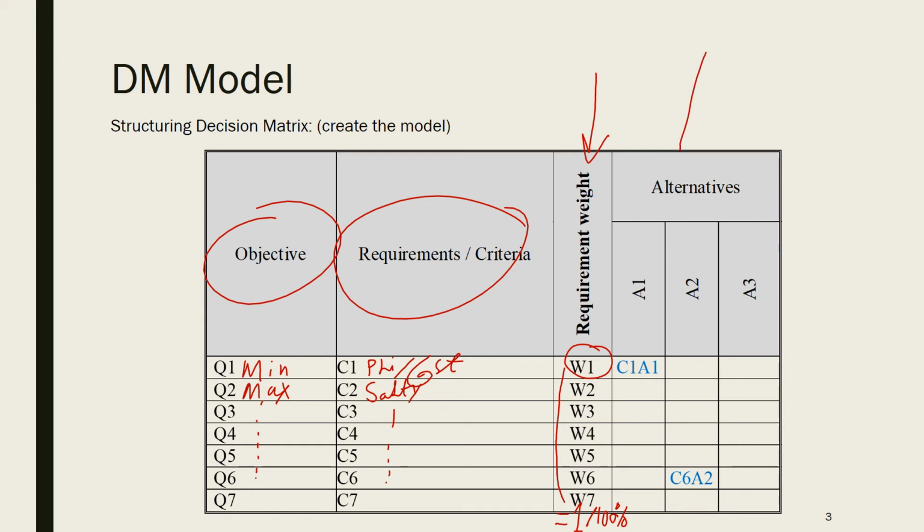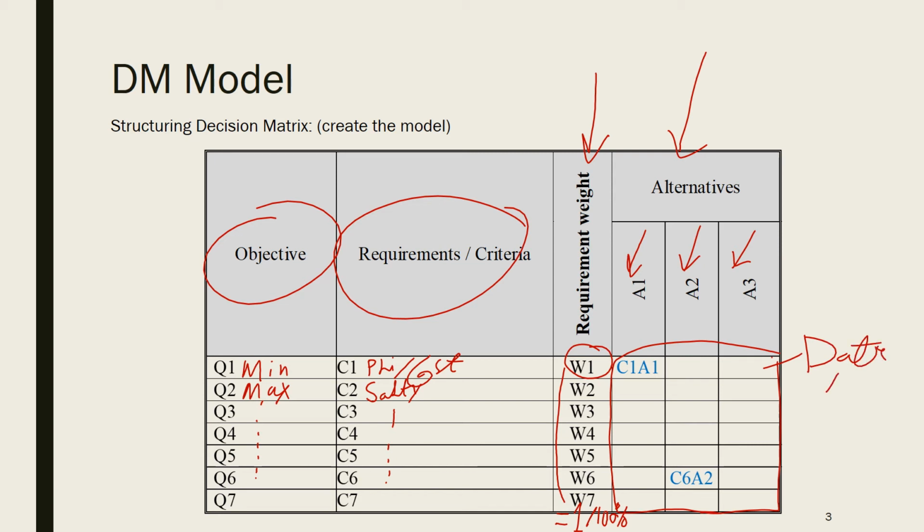Next, we will list all the alternatives or all the options that we have in the following columns, where each column will represent one of the alternatives that we identified in the previous stage. So with that, we are just left with this part of the matrix, which will have what we call the data for each alternative.